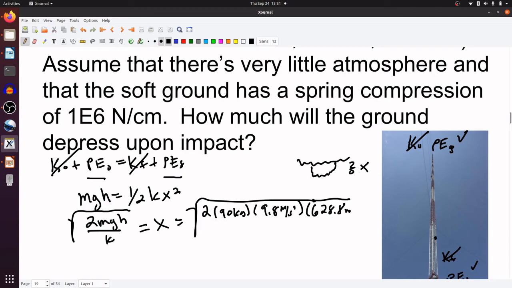newtons per centimeter. And so since it's in newtons per centimeter and I want to get it into meters, I know that there are 100 centimeters in a meter. So what I'm going to do is multiply that value by 100. Or move the decimal place twice, so that's going to be 1 times 10 to the 8th newtons per meter.